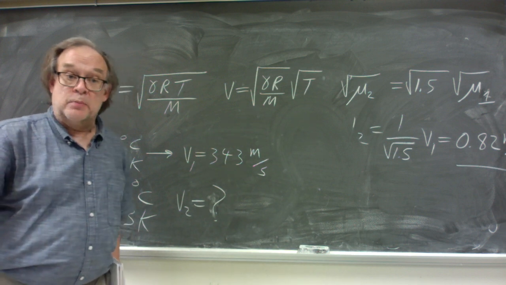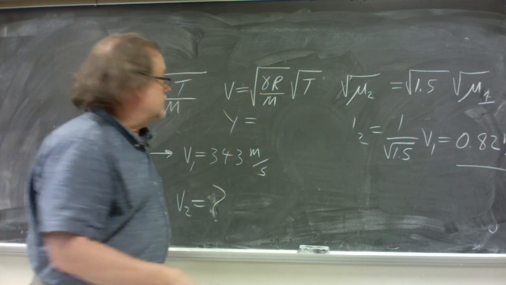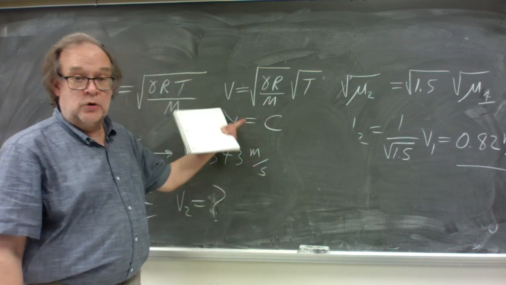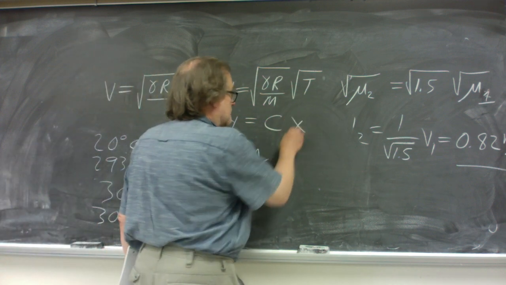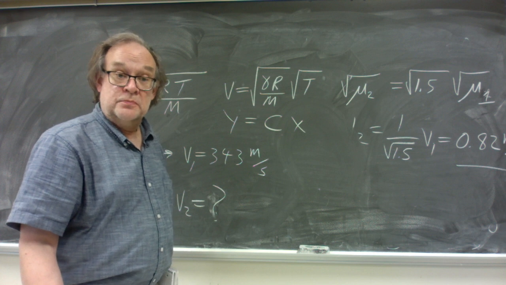And again, there's a direct proportionality. Some variable, speed in this case, equals a whole bunch of constant factors, square root of gamma R over mass, times another variable, square root of temperature in this case.